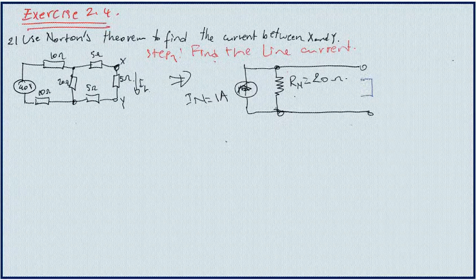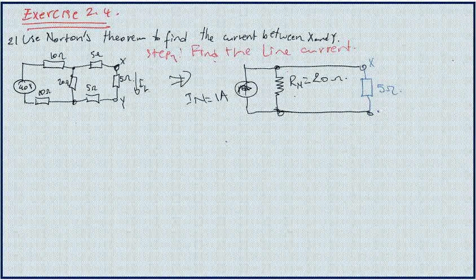So we have 5 ohm, and then here we have X and Y. Now we just need to apply a simple current division to determine the current flowing in this load. We have the supply current, which is 1 amp, the Norton current.